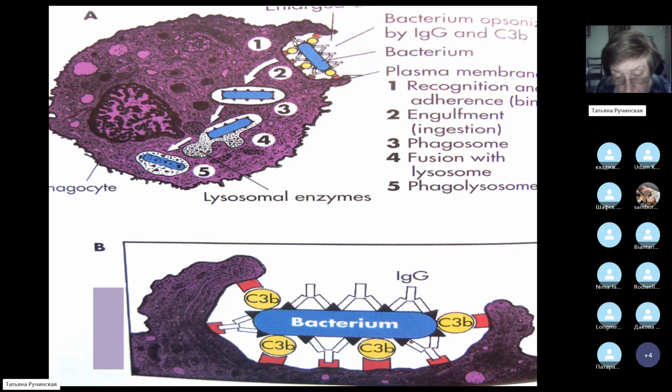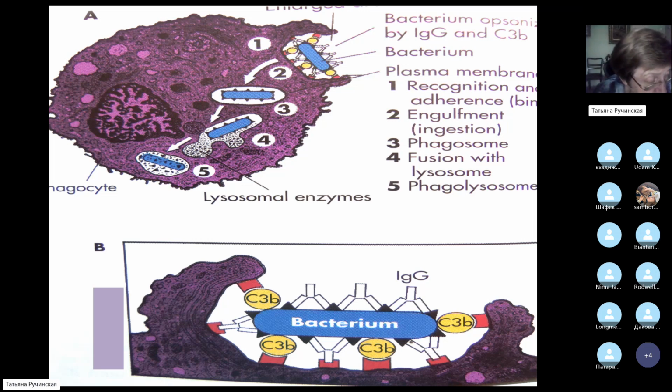That is why, with the help of pseudopodia, it will surround these bacteria and form a phagosome. What is the second? Engulfment of these bacteria and formation of the phagosome.